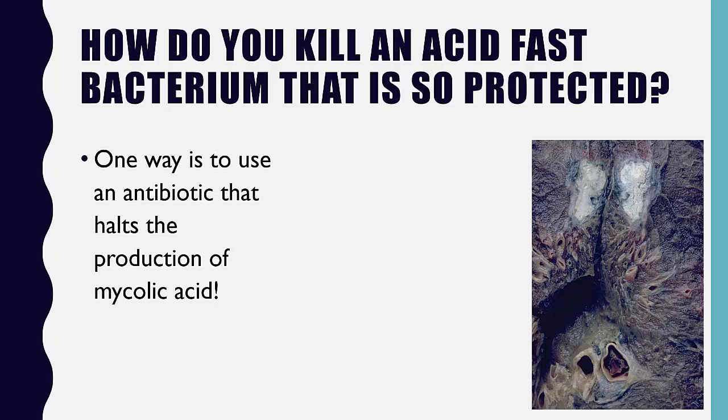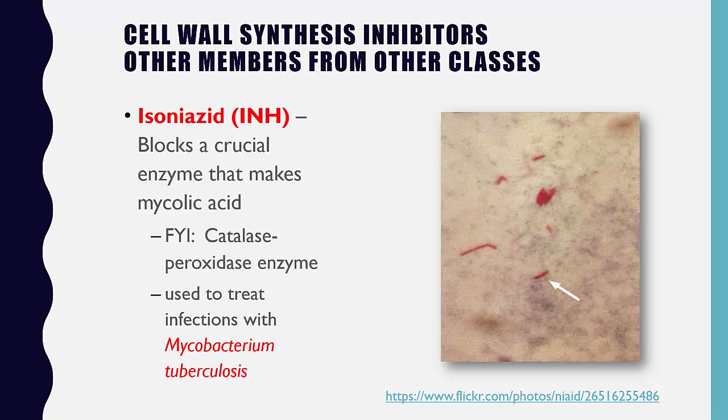There are antibiotics that stop the production of mycolic acid. There's a little enzyme, and there's a certain drug that will do that. When your patient is positive for tuberculosis, and you probably have run into this, they start off with 5 antibiotics, and then that switches to 3. One of the antibiotics tends to be isoniazid, abbreviated INH.